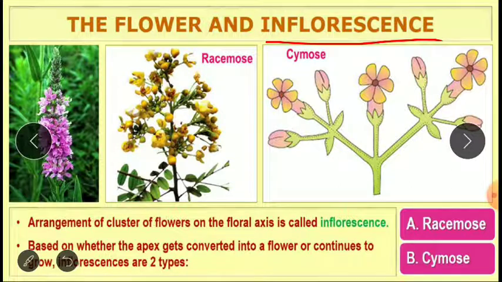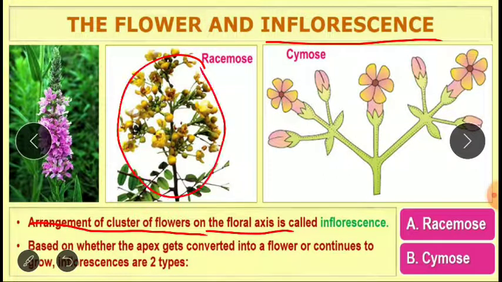It is nothing but how the flowers are arranged on the floral axis. Here you can see an inflorescence. This is the floral axis and here we can see how the different flowers are attached to it. So, this arrangement of the flowers on the floral axis is called inflorescence.